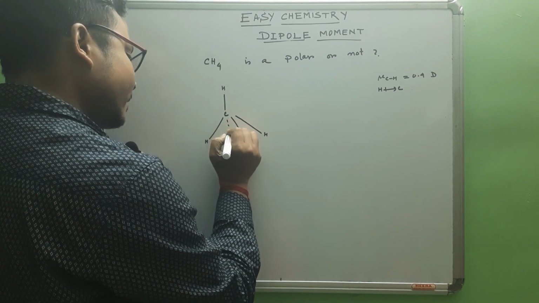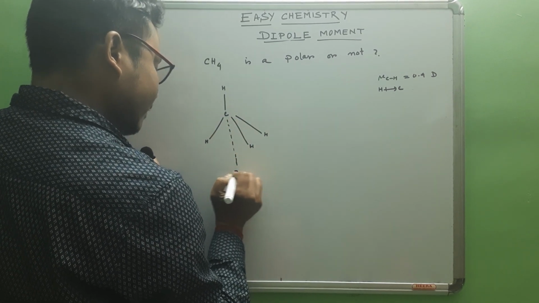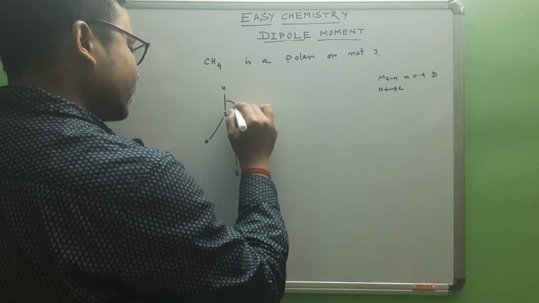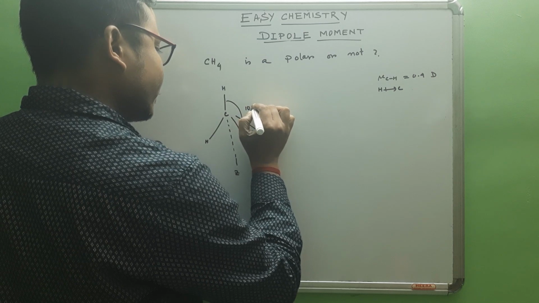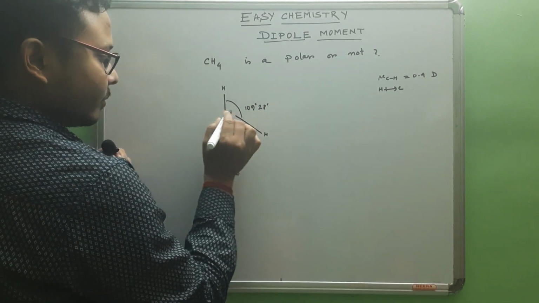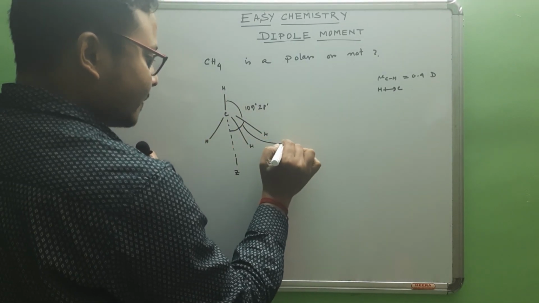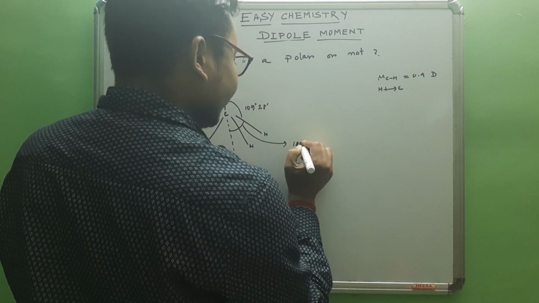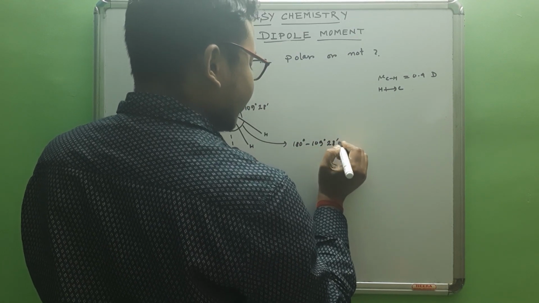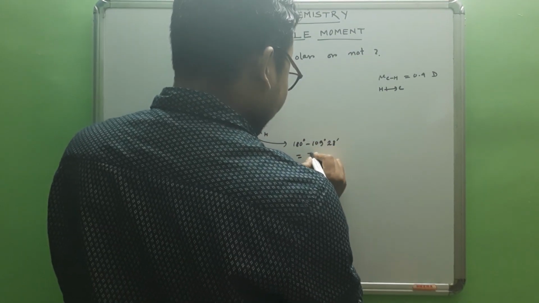If this is the z-axis, and the bond angle is 109 degrees 28 minutes, then this angle is 180 degrees minus 109 degrees 28 minutes, which gives 70 degrees 32 minutes.